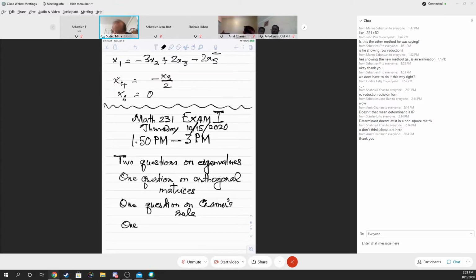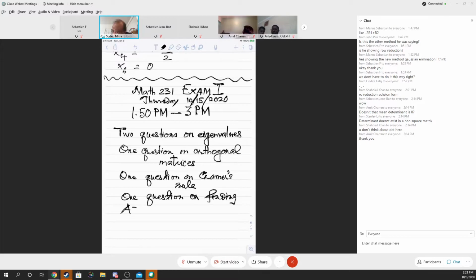One question on finding the inverse of a 3 by 3 matrix, on finding A inverse using adjoint, where A is a 3 by 3 matrix.